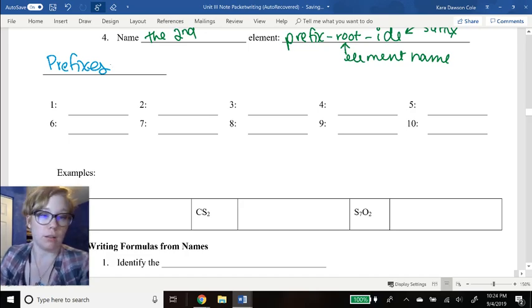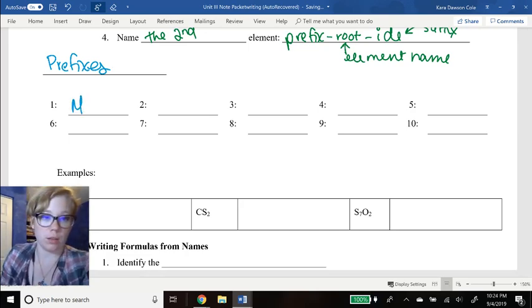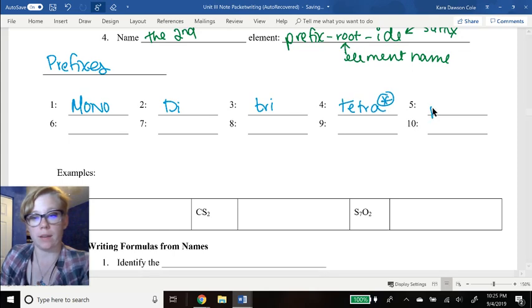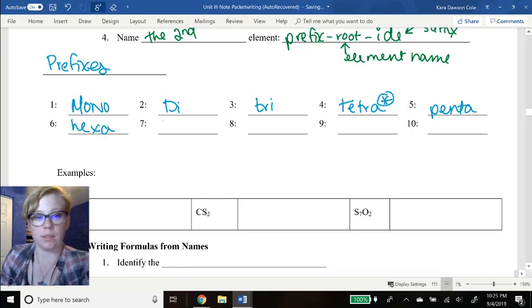So the prefixes for the molecular compounds are: 1 is mono, 2 is di, 3 is tri, 4 is tetra. This is the one that everybody forgets. 5 is penta, 6 is hexa, 7 is hepta.